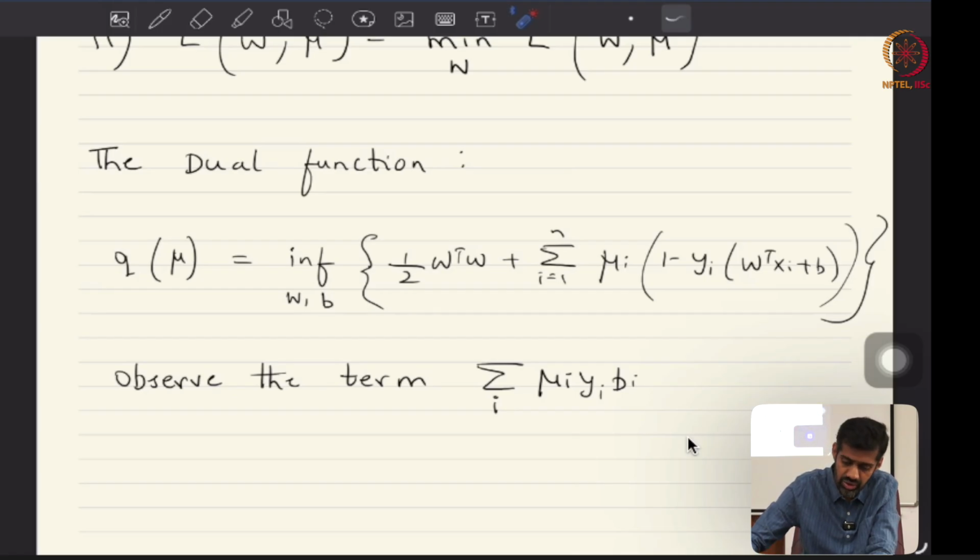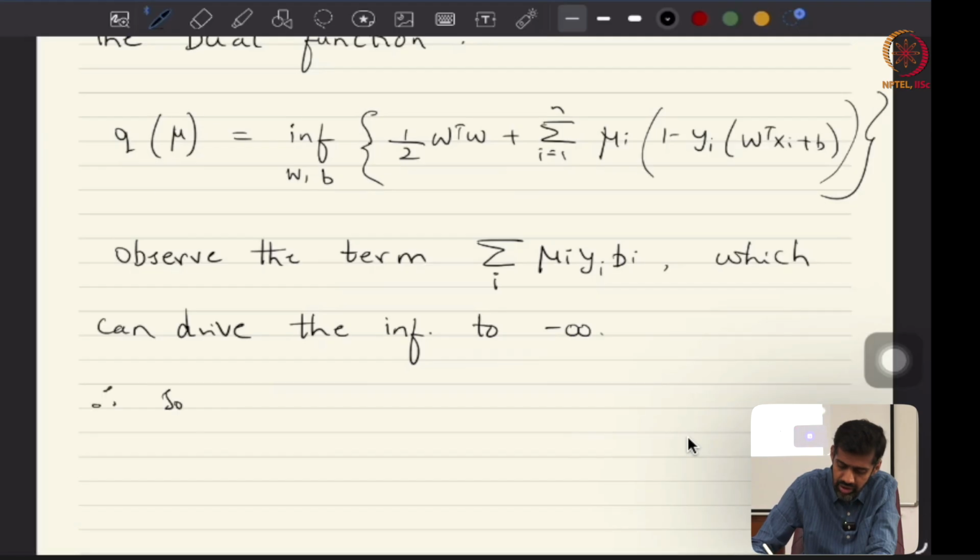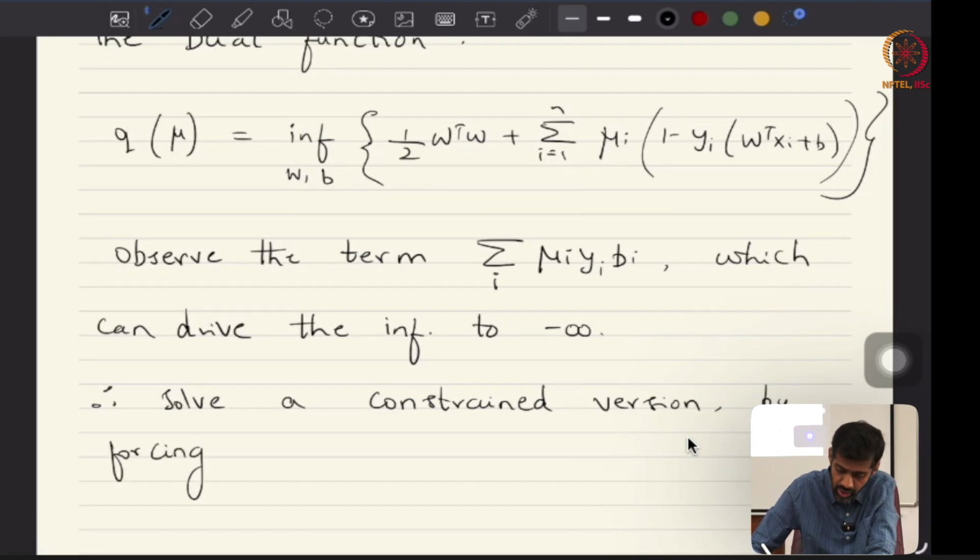So how do we constrain? The way to constrain is that you will have to solve this infimum problem, observing this term which can drive the infimum to minus infinity, which is undesirable. Therefore solve a constrained version of it by forcing the sum of mu i times y i to be 0.